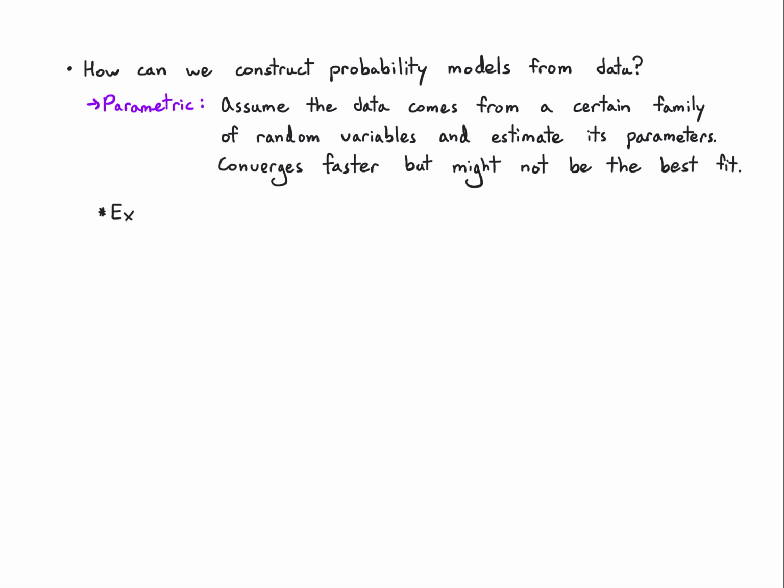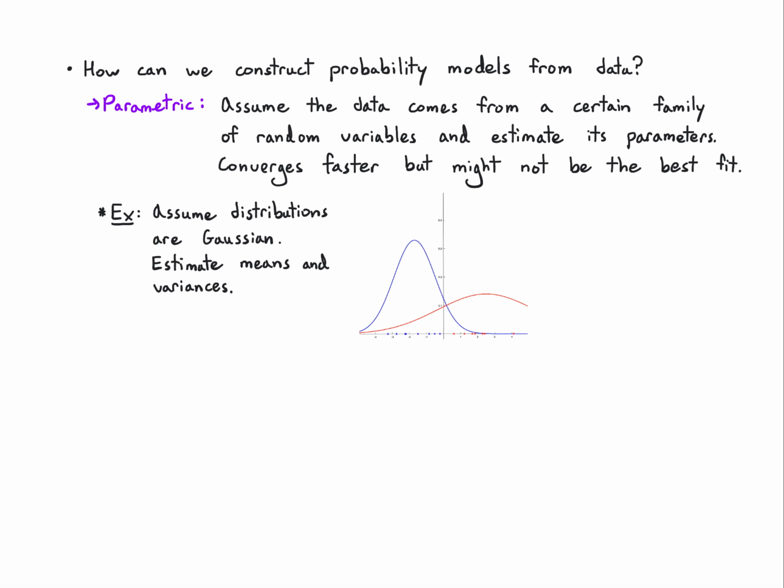Here's an example. Let's assume that the random variables are going to be Gaussian. Okay, so then I just need to learn the means and the variances from my data and plot the resulting distributions. So here, what I've done is I have 8 blue points. It's kind of hard to see them down there on the x-axis, and I have 8 red points. So this is a 1D example.